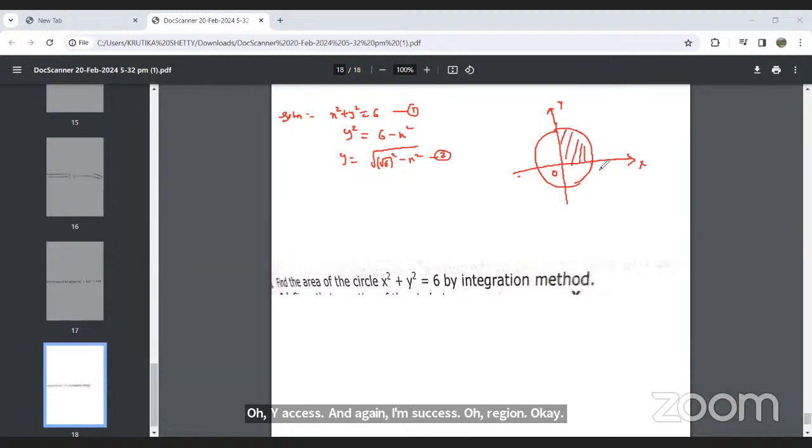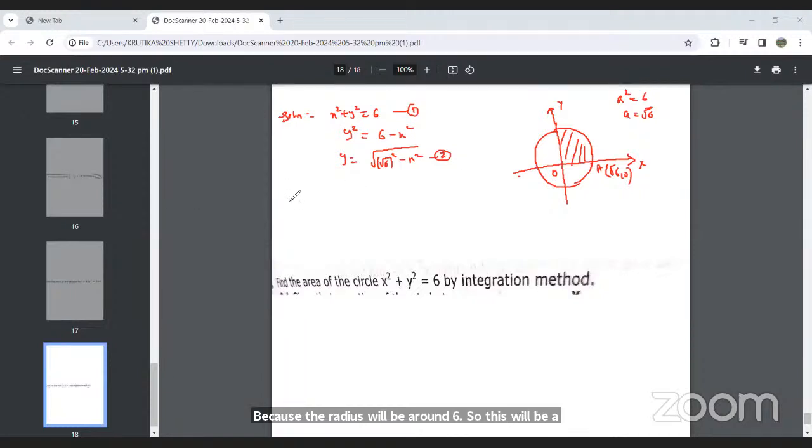This I'll write as a, the radius. This is in the standard form, so in place of a square it is 6. So a will be equal to what? Root 6. So the radius will be root 6. So this will be the point root 6 comma 0.